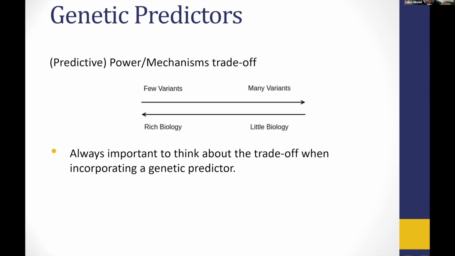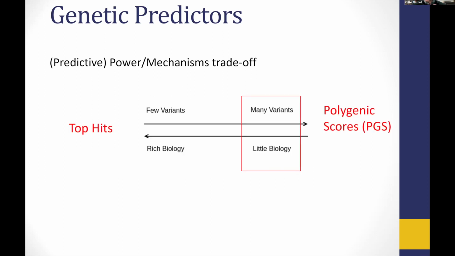The instant that I start combining across the entire genome, I start losing my ability to give any biological interpretation. And that is where most polygenic scores typically lie. Typically, they're not just taking one or two genetic measures, but hundreds, thousands, or even millions and combining them all. So they might be more predictive, but you're going to lose some of the biological insights. So that's often the trade-off.